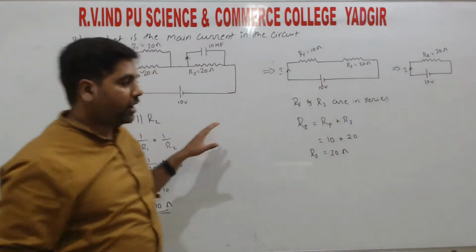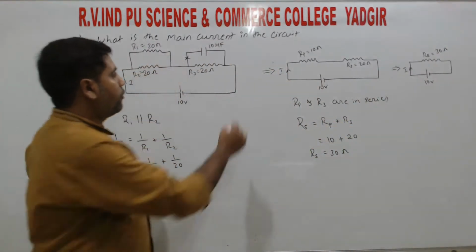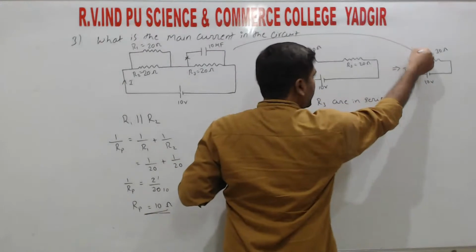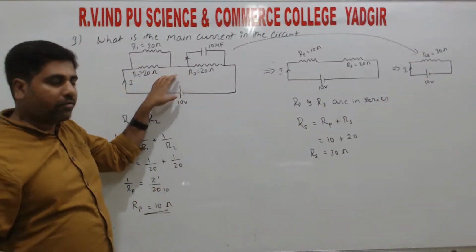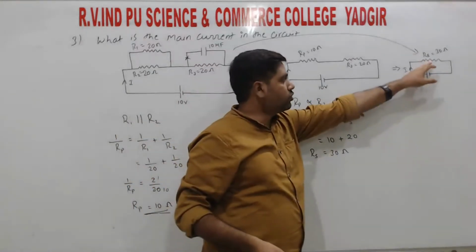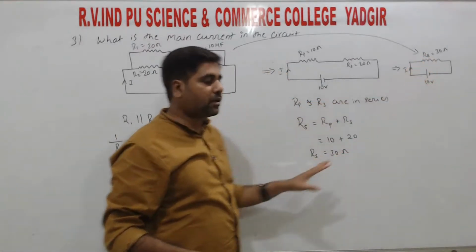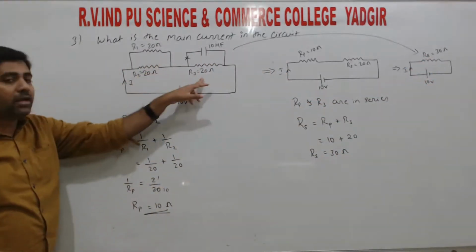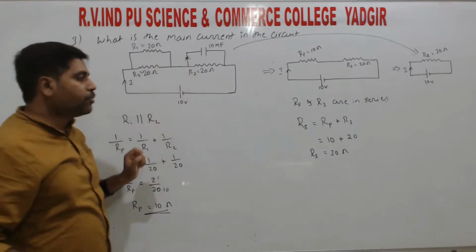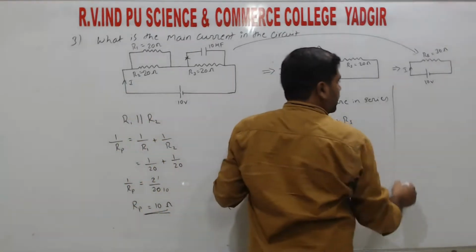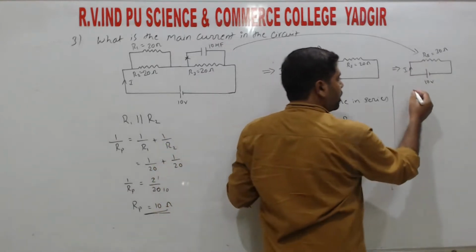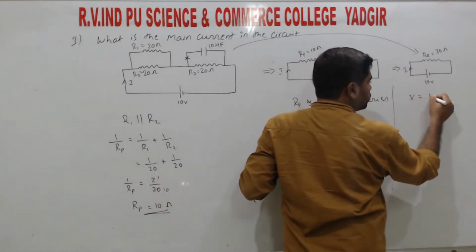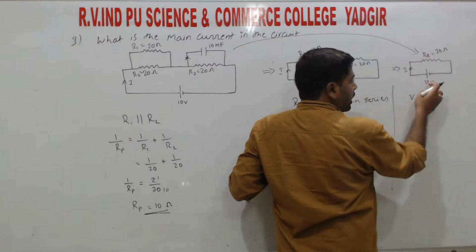So we reduced the circuit from complex to simple. The equivalent circuit of the given circuit is in this form, where Rs is the equivalent resistance of these three resistances. From here we can find the total current which is flowing in the circuit. From Ohm's law, V equals IR.